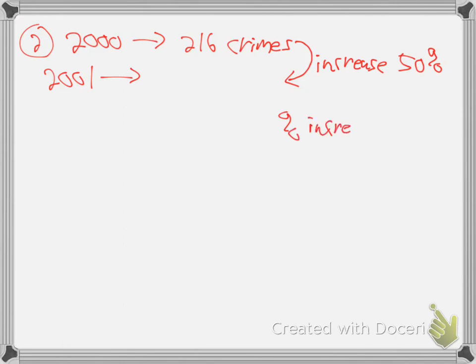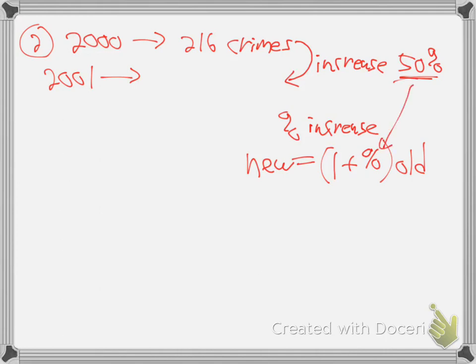Percent increase, you take the new, it'll equal the old one times 1 plus the percentage. The 1 plus the percentage comes first. Doesn't really matter what order. The new equals 1 plus the percentage times old. Remember that? You just stick a 1 in front. We talked about that.